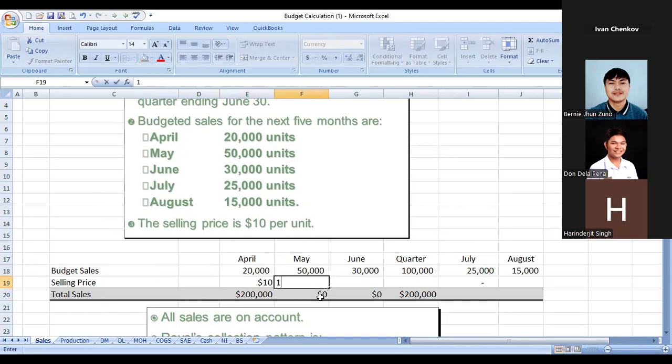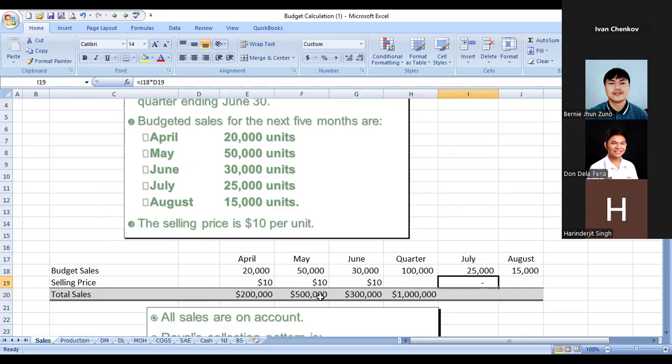Second month, we're projecting to generate $500,000. And the third month of the quarter, June, we're projecting to generate $300,000. So for the quarter, which starts April 1st and finishes June 30th, our projection is to achieve $1 million in sales.